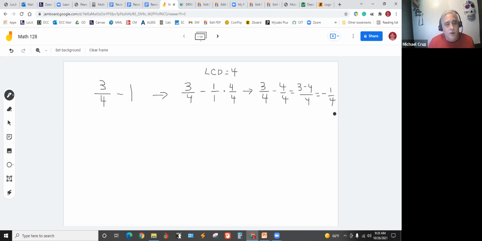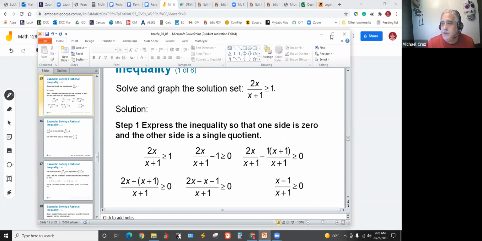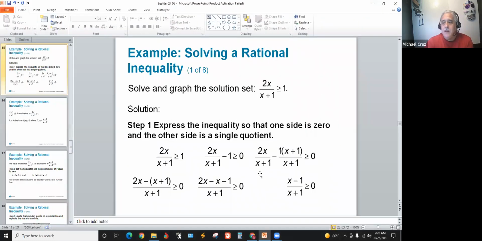All right. I'm going to go through that because that's what's happening over here. So make sure you understand it. The way that they make this negative 1 have the same denominator is they multiply by that LCD, which in this case was x plus 1, both the numerator and the denominator, although they're not showing you the 1 over 1 like I was.